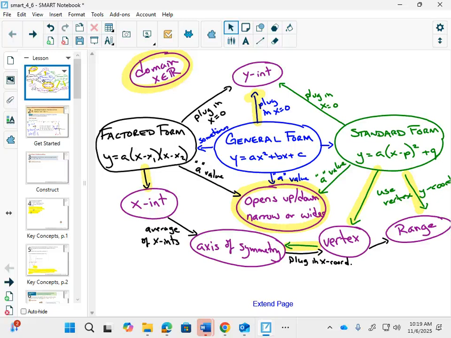But this whole diagram is a nice visual to look at to say, okay, if I get the general form and someone says, find the x-intercepts, I should probably go the factored form direction. If I get the general form and then someone says, what's the vertex? I think I should go the standard form method.